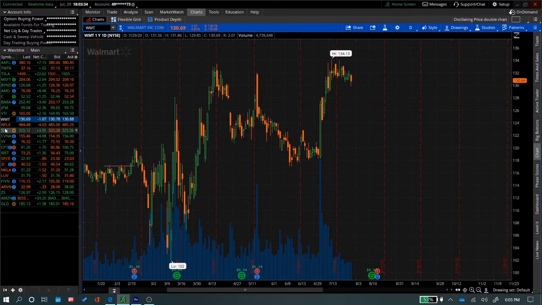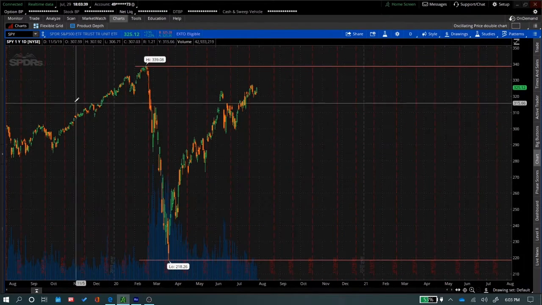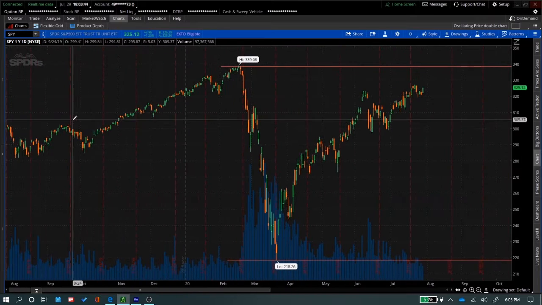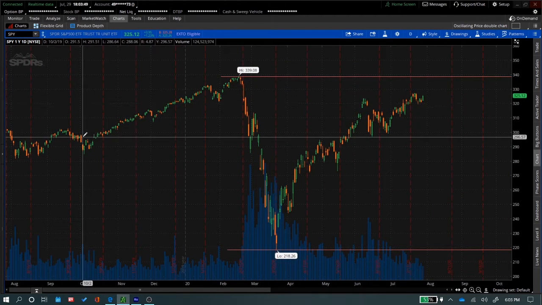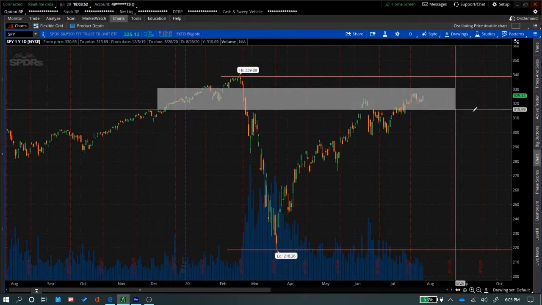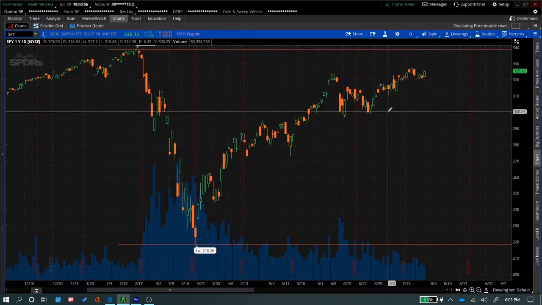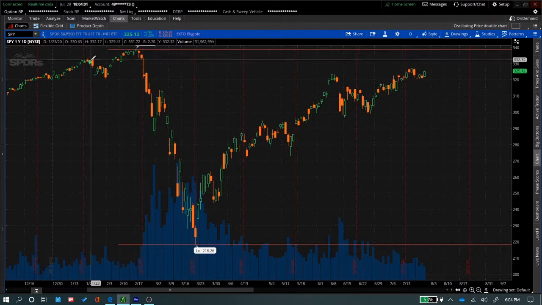Now, there's a bearish and bullish engulfing. Let's go back to the S&P. It's probably one of the more common moving charts. Bearish engulfing is when you have a green candle, like so.